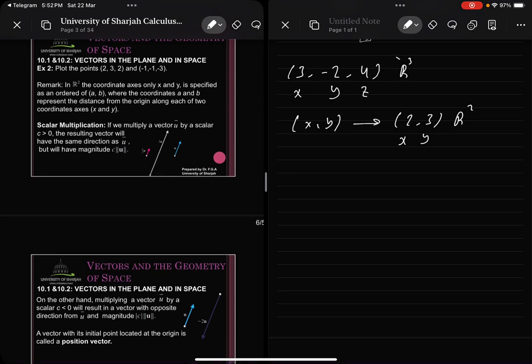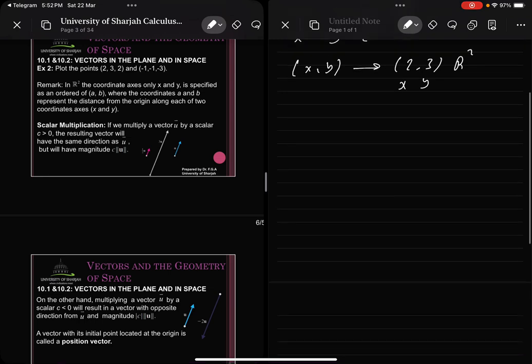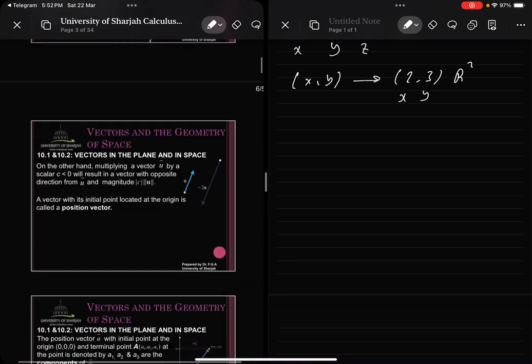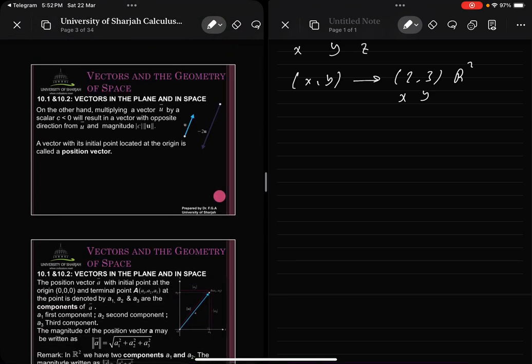We have scalar multiplication. If we multiply a vector u by a positive scalar, the resulting vector will have the same direction as u, but a different magnitude. On the other hand, multiplying a vector u by a negative scalar will result in a vector with the opposite direction.